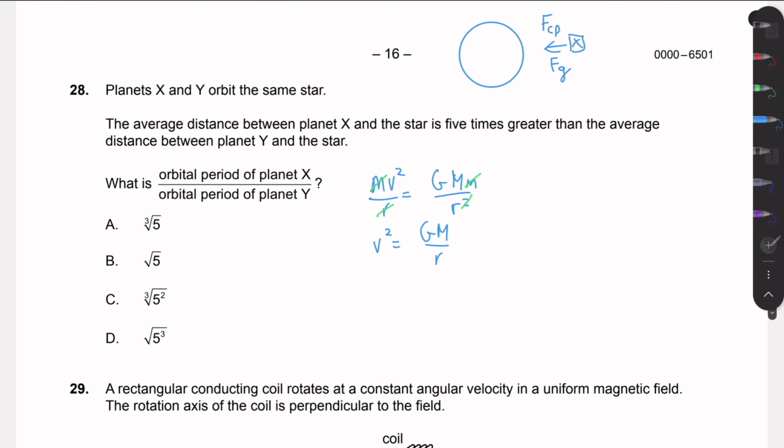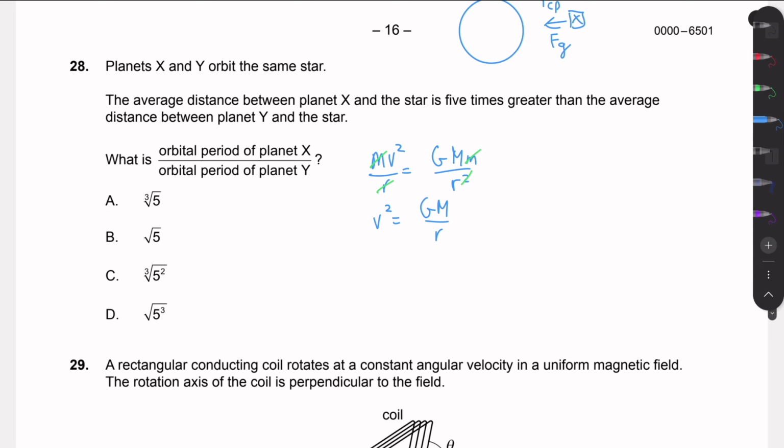And we also know that v is the distance over time. So the velocity is the distance covered divided by the time taken. And for a circular orbit, the distance is just the circumference of the orbit, which is 2 pi r, where r is the radius of the orbit, divided by the period. This is all squared, and then GM over r. And then we want to solve for the period.